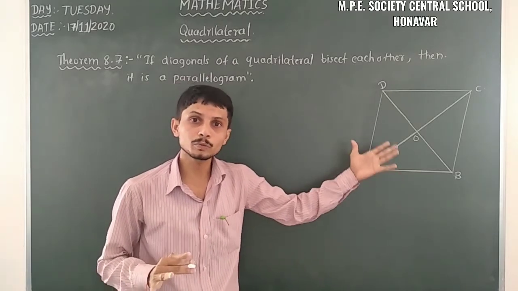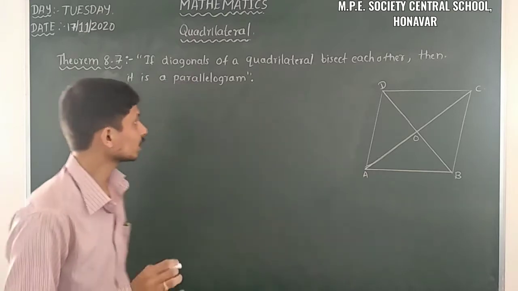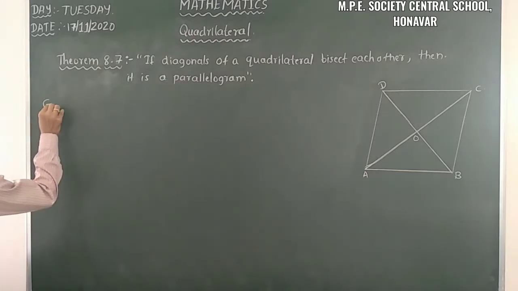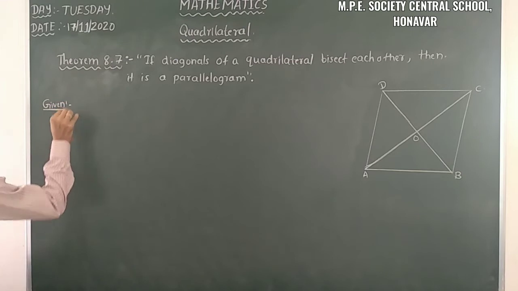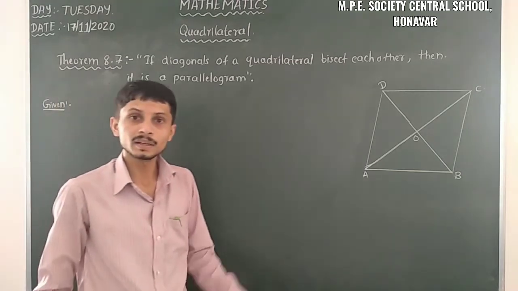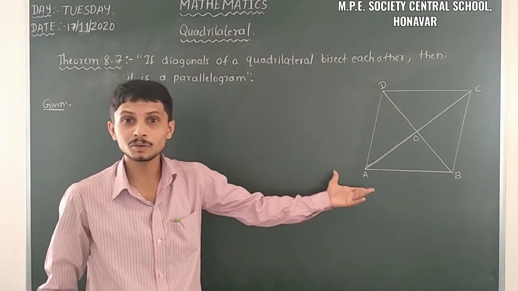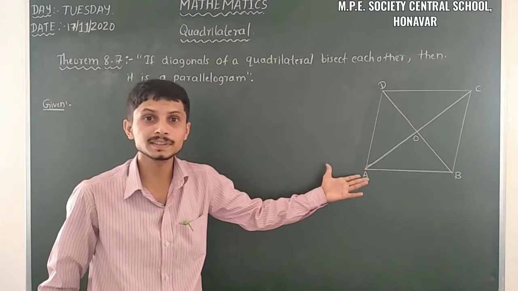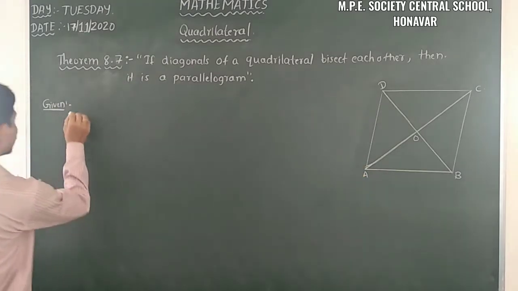Firstly, we have to write the given things. So what are the given things here? Given: ABCD is a quadrilateral, not a parallelogram. Here we have to consider it as a quadrilateral. ABCD is a quadrilateral.